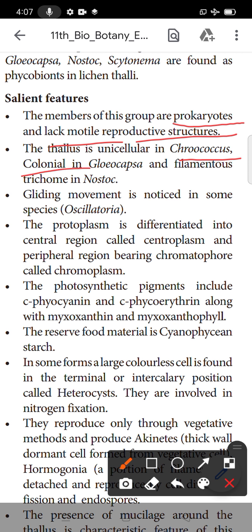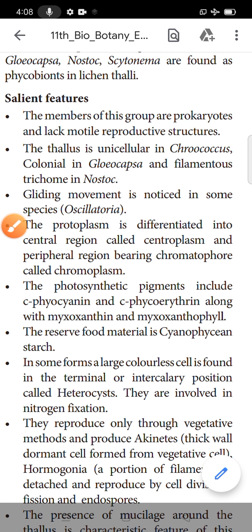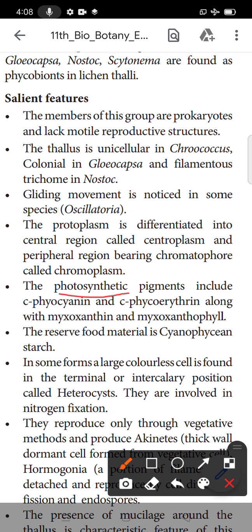The protoplasm is differentiated into a central region called the centroplasm, and a peripheral region bearing the chromatophores, called the chromatoplasm. Photosynthetic pigments include C-phycocyanin and C-phycoerythrin along with myxoxanthin and myxoxanthophyll. The reserve food material is cyanophycean starch.